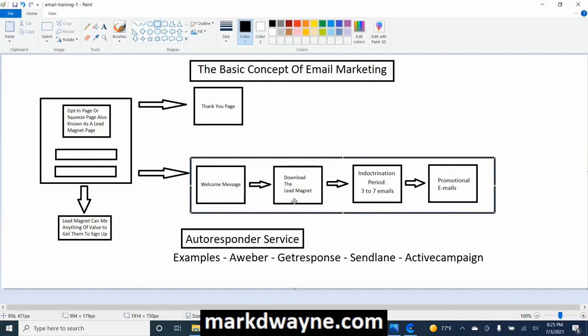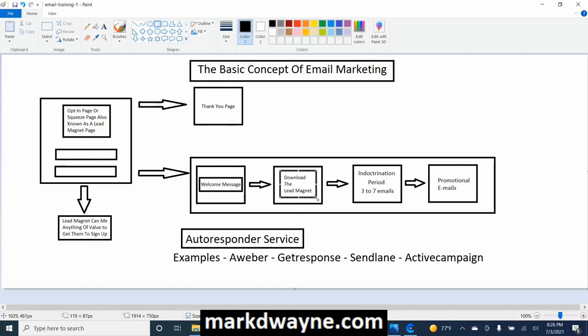But after that, within about 10 minutes, you send them the download the lead magnet page. So we have the welcome message right after they sign up, and then within 10 to 15 minutes, they get the download of the lead magnet.